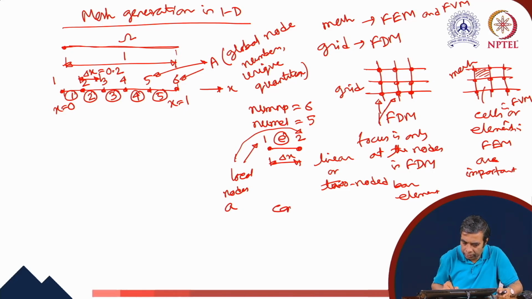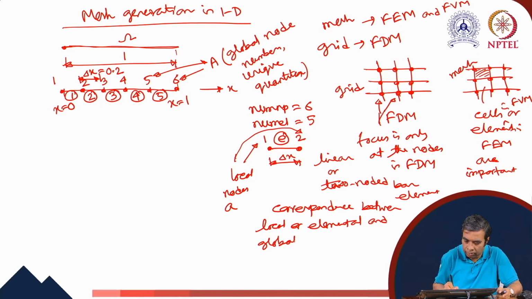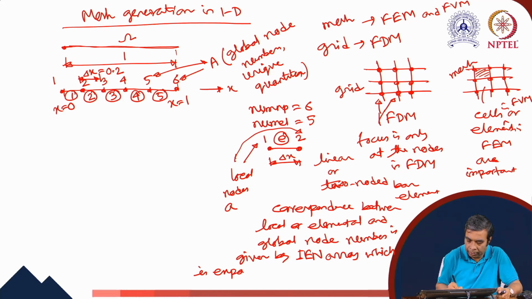The correspondence between local or elemental and global node numbers is given by the IEN array, which is expanded as identification element nodes.